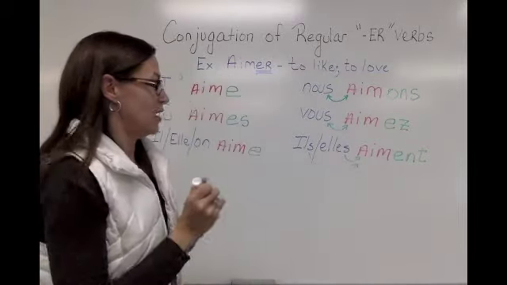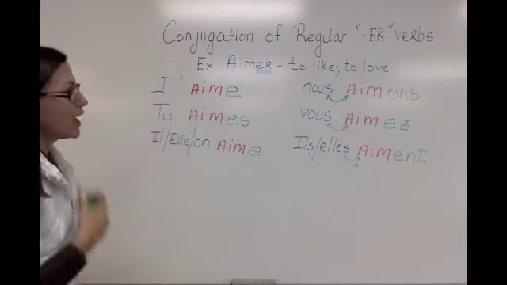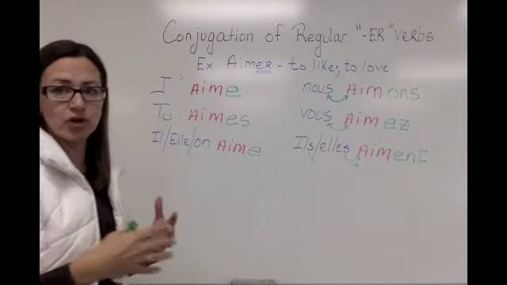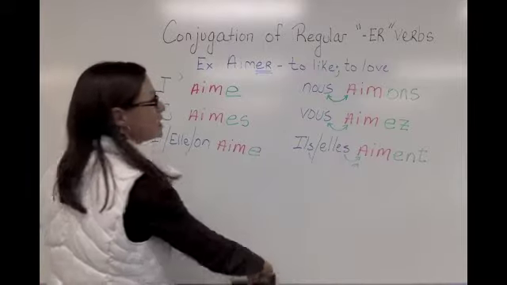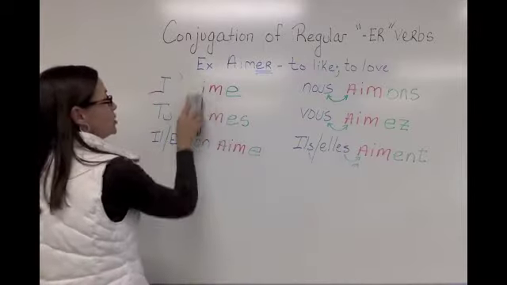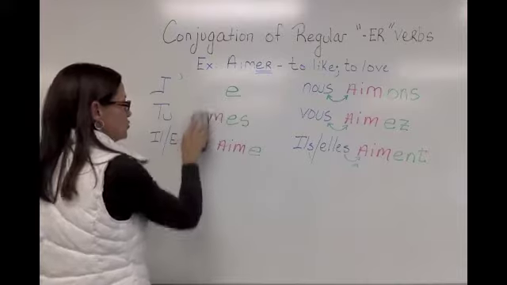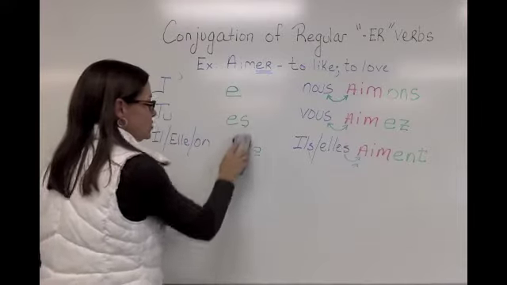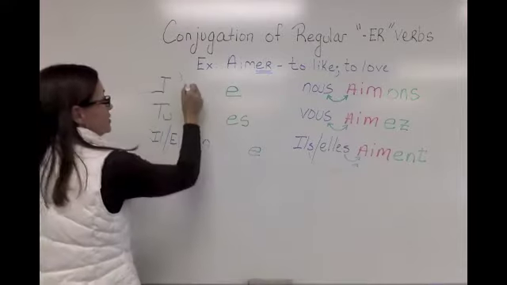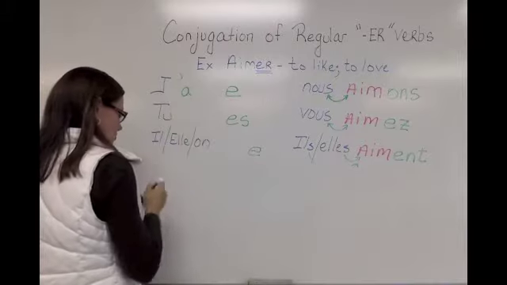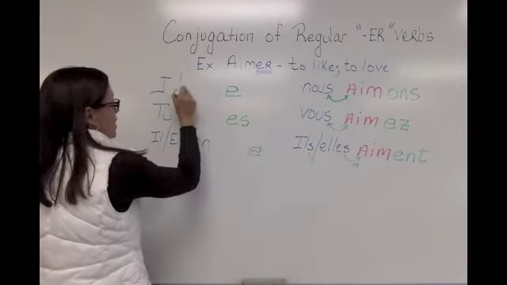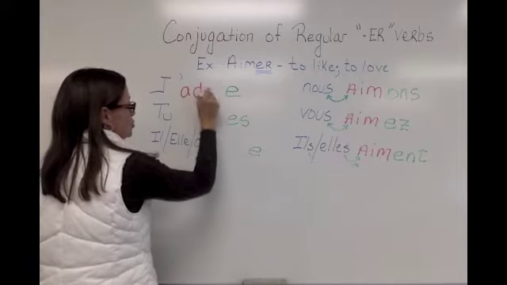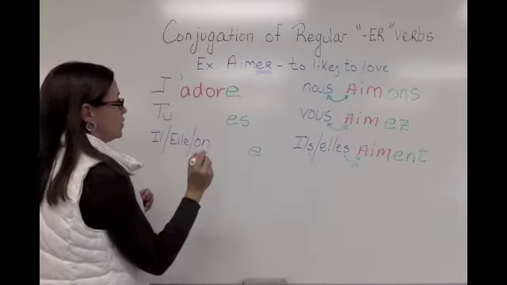Okay? All right. So, if I gave you any of the verbs that we've been using in class, so for example, adorer. Adorer is another verb that we've used, and all you're going to do is plug it in. Let's go back to the red. Adorer. Okay?